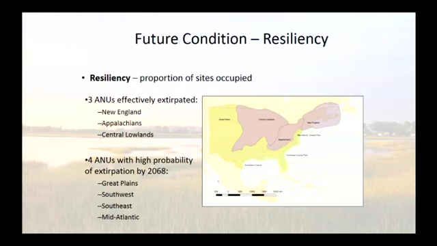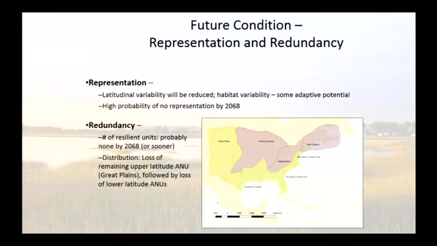I think is the most optimistic future status. And so, you know, redundancy and representation, if all of your analysis units are likely to go extinct within 50 years or 53 years or something, you know, you have very low representation of the future and low resiliency and low redundancy.